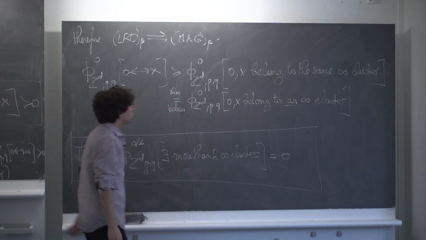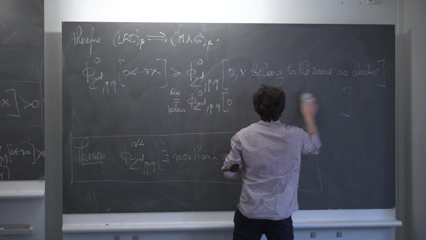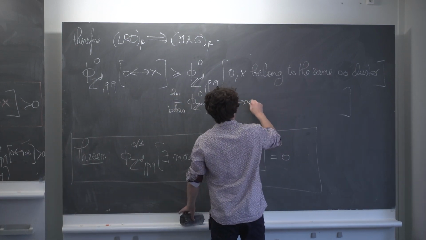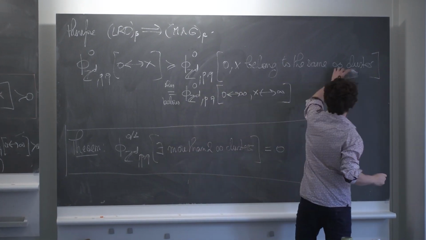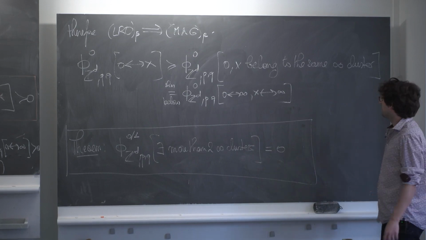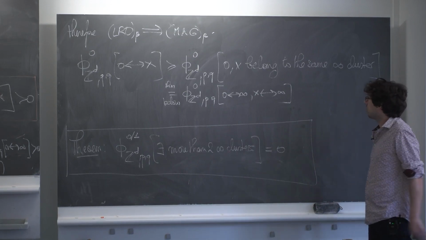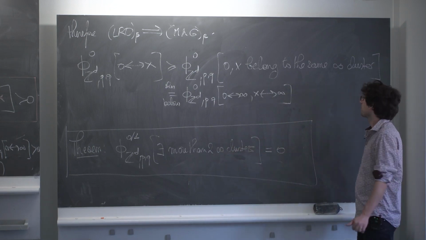They don't need to be in the same, or let's say I'm going to write it like that: 0 connected to infinity and x connected to infinity. I don't need to impose that they belong to the same infinite cluster. Why? Because they cannot be more than 2 anyway.